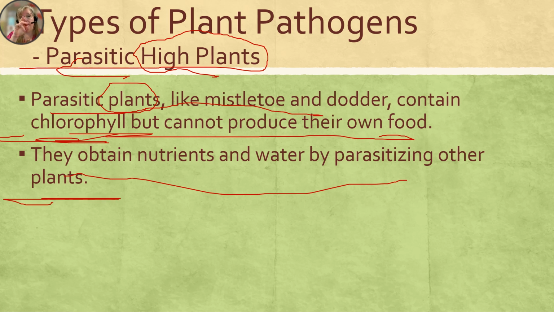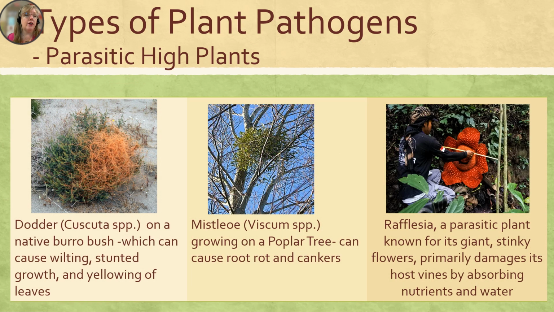Let me show you. All right, this is dodder. This back here is like a tumbleweed. You've ever seen tumbleweeds in the desert? This is dodder living on it, and it's sucking the juices, the nutrients out of that bush because it can't make its own. And here's another one. This is mistletoe. You know the mistletoe that we have at Christmas?